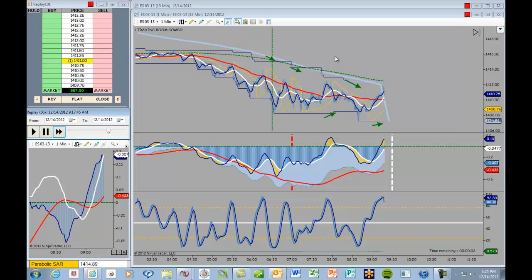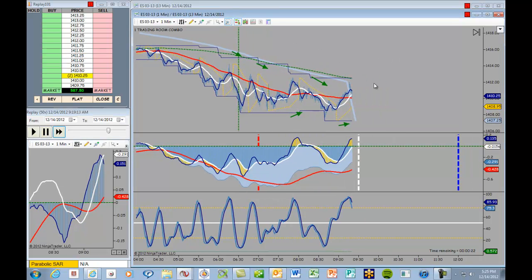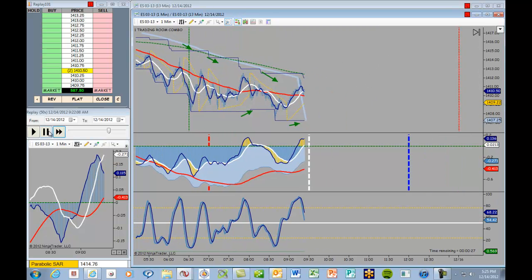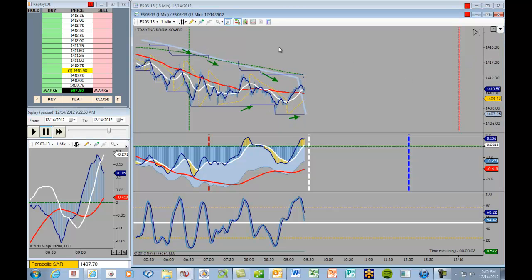And another 2 targets. And we've flipped the parabolic now. So that means, let's stop this. That means that this is now confirmed as our low.